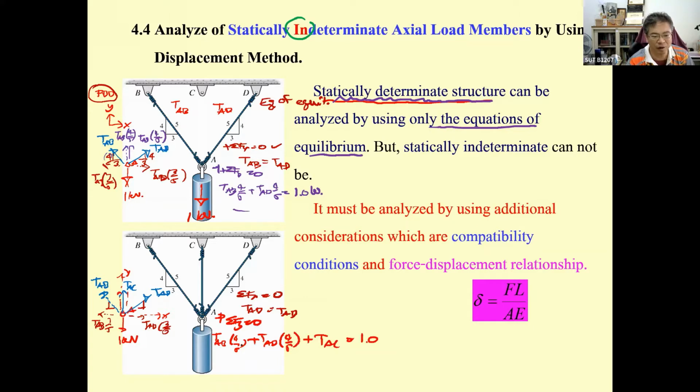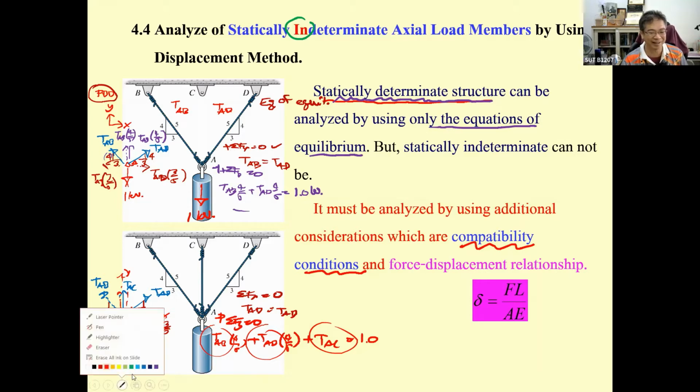You cannot solve these two equations since there is 1, 2, and 3 unknowns. You got to use the compatibility condition. What is going to be the compatibility condition of this? This problem is going to be a little bit harder.